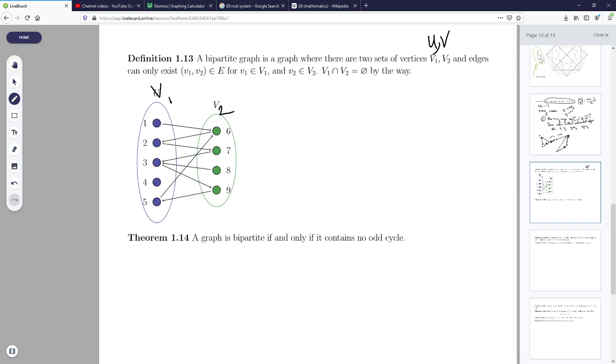And so I just stole this picture. Basically the idea here is that it's a directed graph. Actually, it could be an undirected graph. So it could be either directed or undirected.